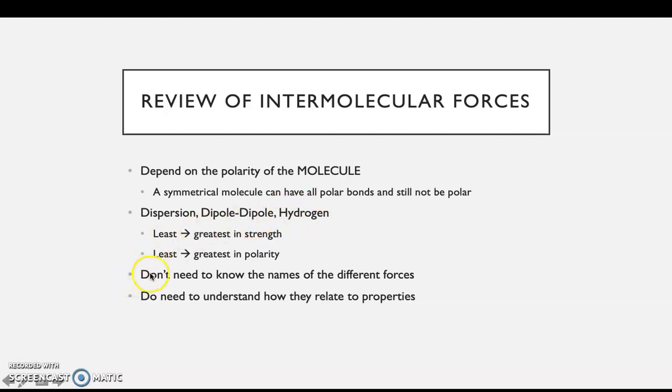Okay, now you don't need to know the names of these 3 different forces. So you don't need to be able to answer that these are dispersion, these are dipole-dipole, these are hydrogen. You don't have to be able to tell me or your teacher what those names are on your test. What you do need to understand is how these relate to properties and how they relate to polarity.